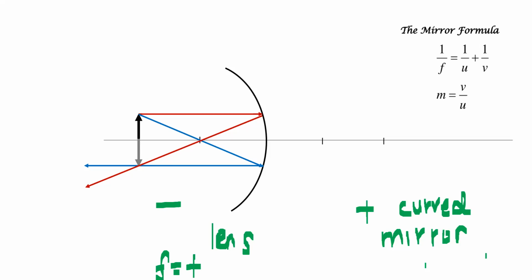Terbalik. If the focus is positive, here the focus will be negative. Terbalik. Everything terbalik. So for this mirror, this is positive, not negative. Positive.